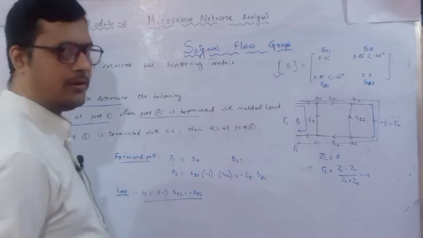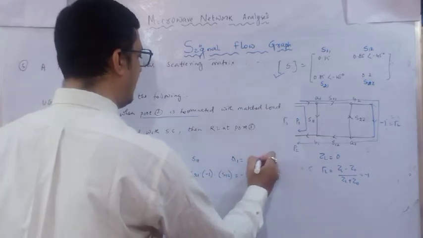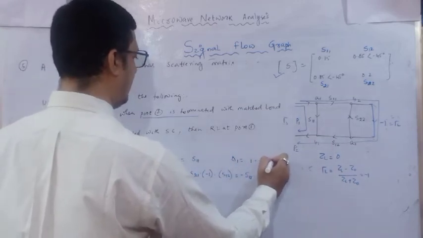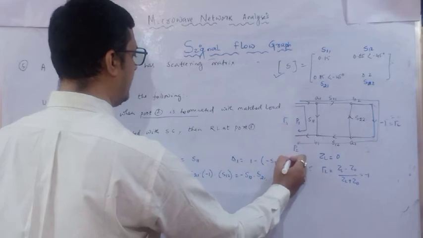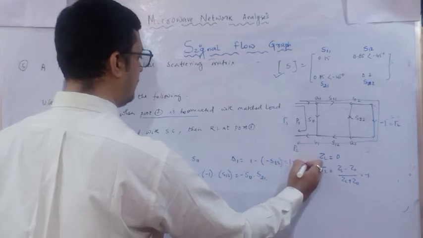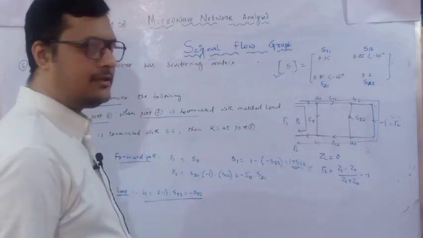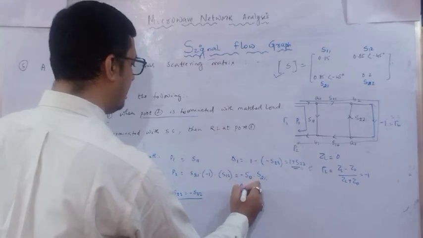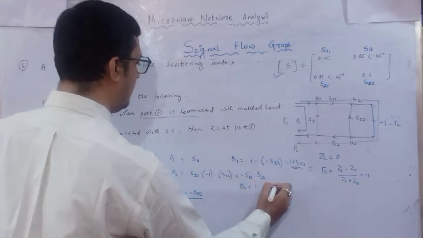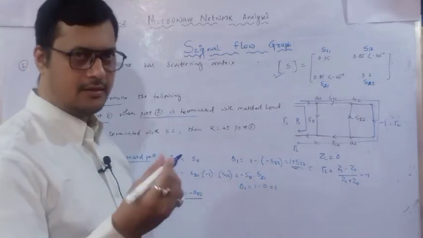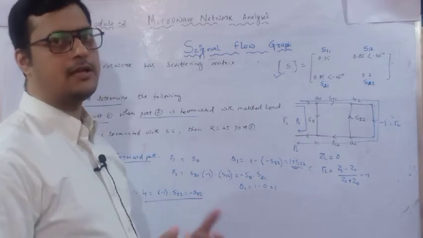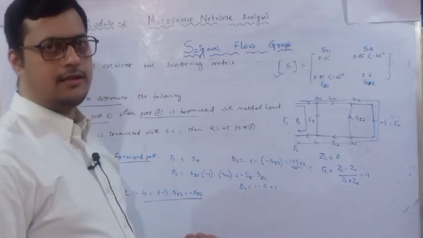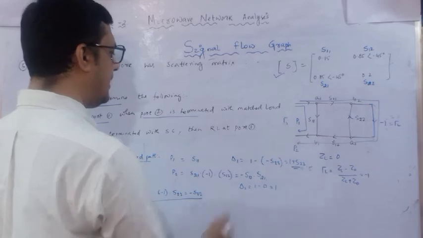So what is del 1? 1 minus the loop, so it is 1 plus S22. And del 2 is 1 minus 0, that is 1, because for the second path all the loops are touching. There is no other non-touching loop.